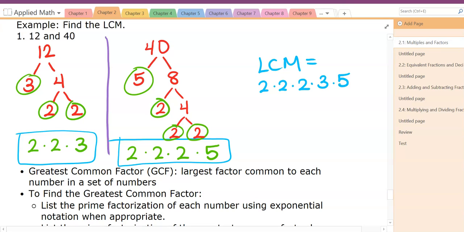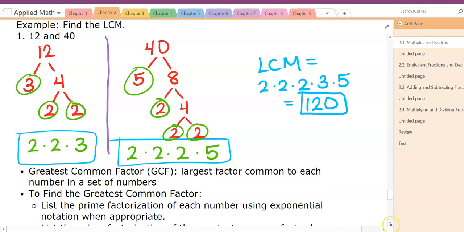You take 2 times 2 times 2 times 3 times 5. That's going to leave us with 120. So that's LCM. That's least common multiple. That's the smallest number that 12 and 40 could both multiply into or become multiples of.